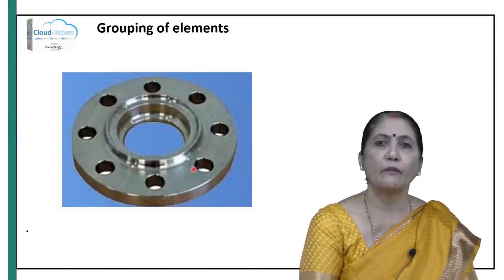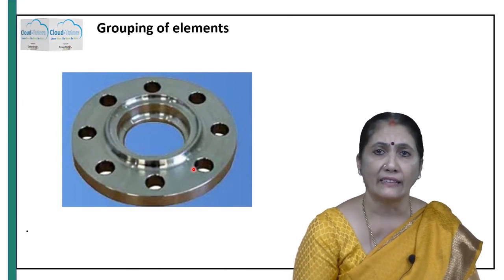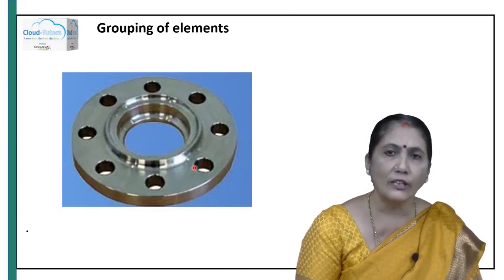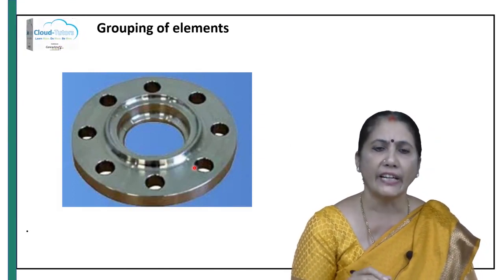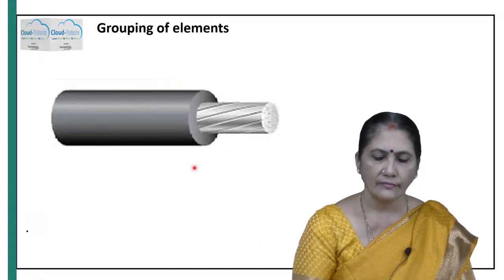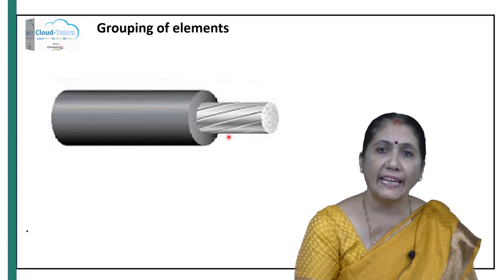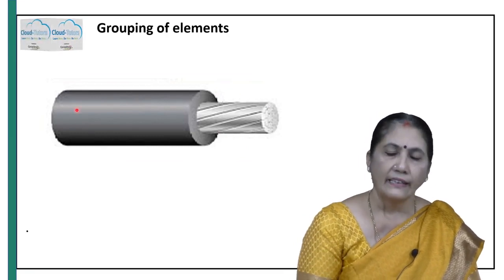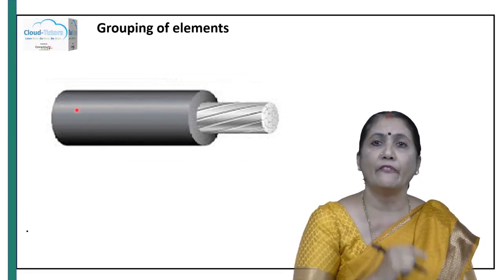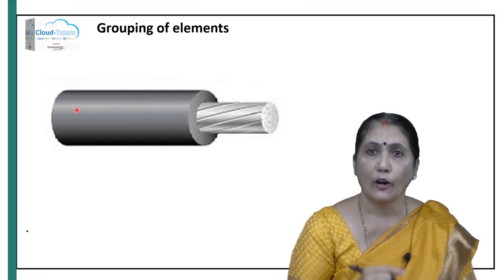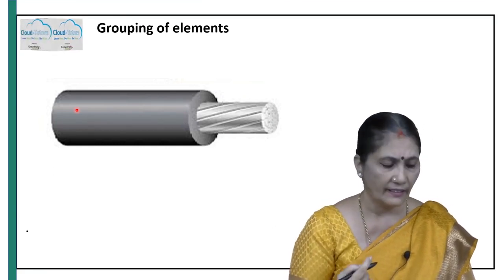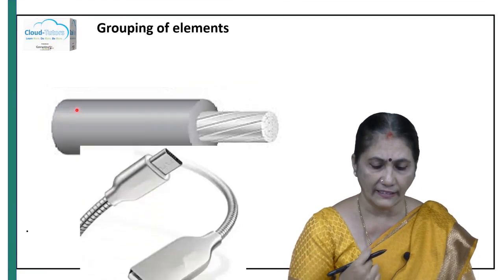Chromium, which is given by the symbol Cr. It is very much utilized in the automobile industry. Aluminium, which is represented by Al. It is said to be a very good conductor of electricity as well as heat.